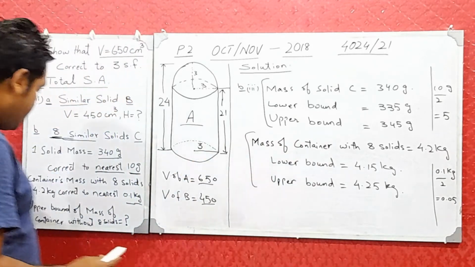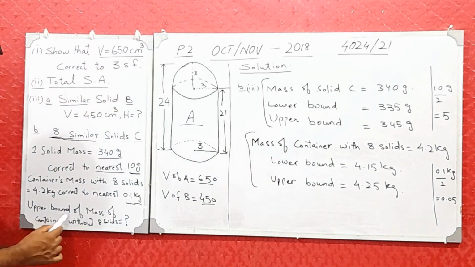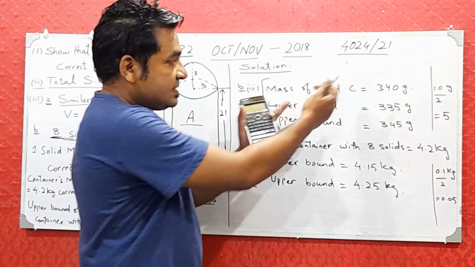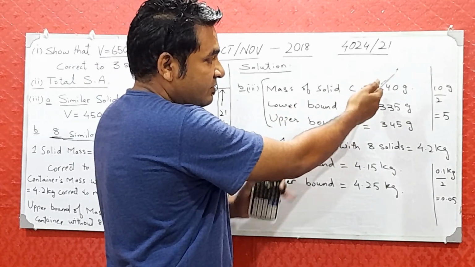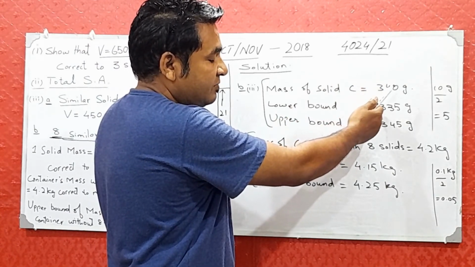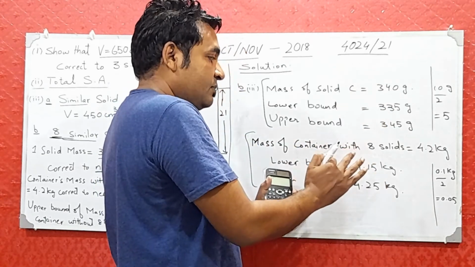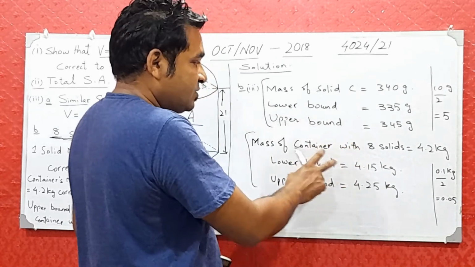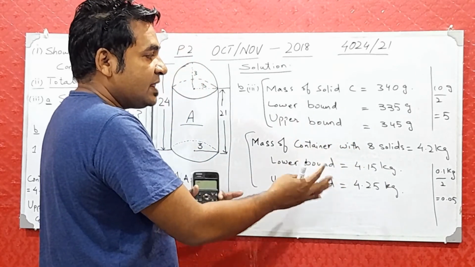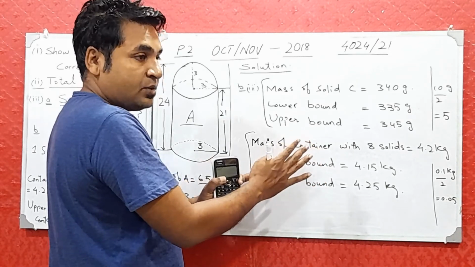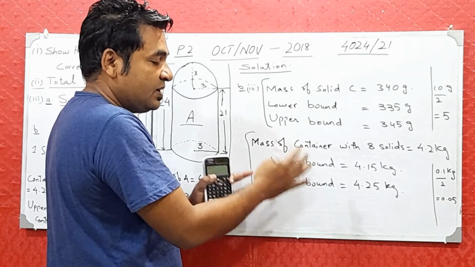Now what we are supposed to do is find the upper bound of the mass of the container only, that is, the container without the 8 solids. We multiply the solid's mass by 8 to get the mass of 8 solids, and subtract it from this, then we get the upper bound of the mass of the container only.